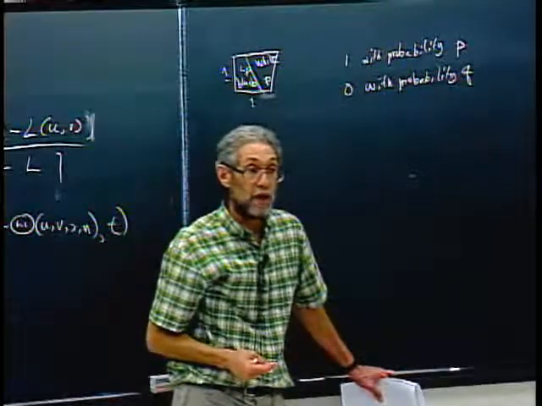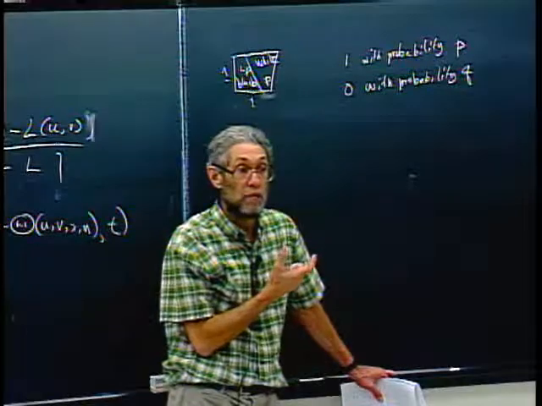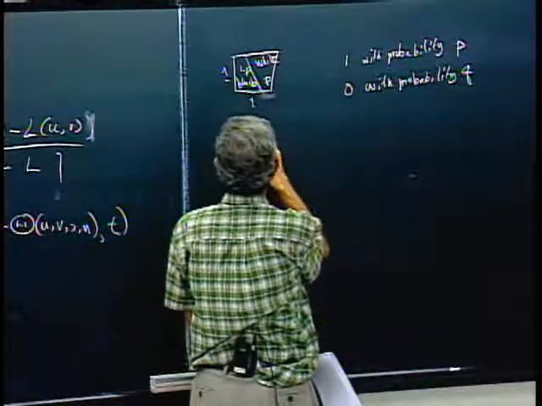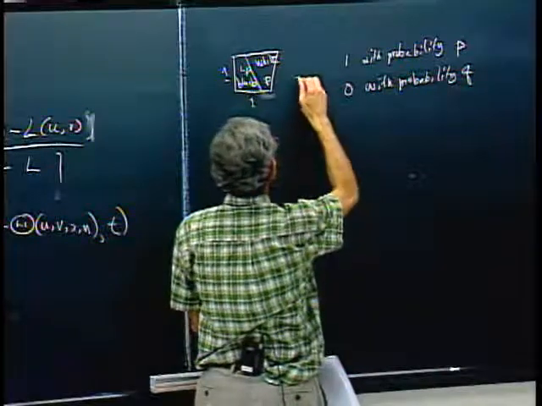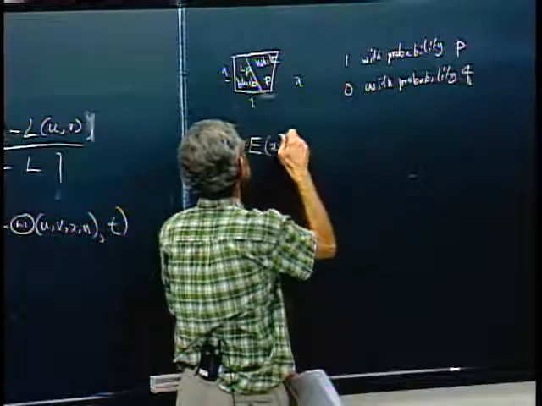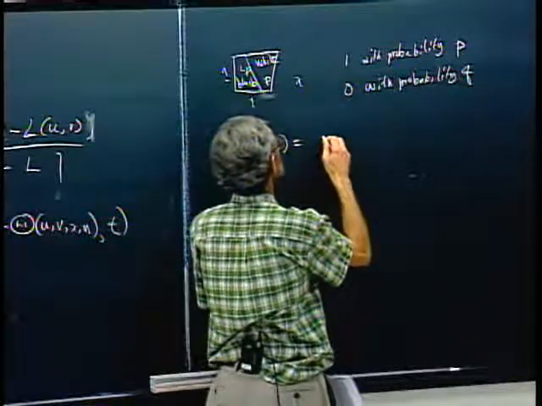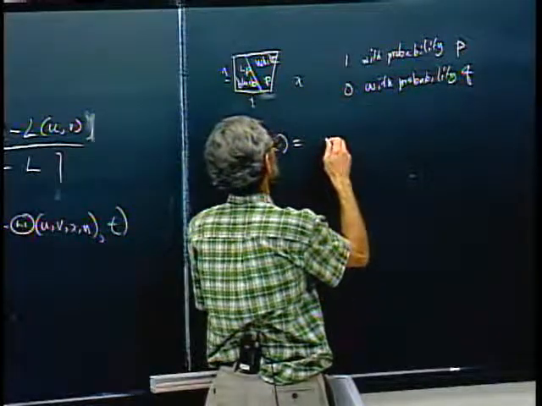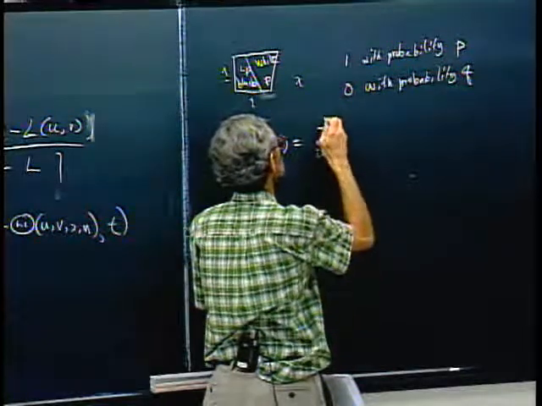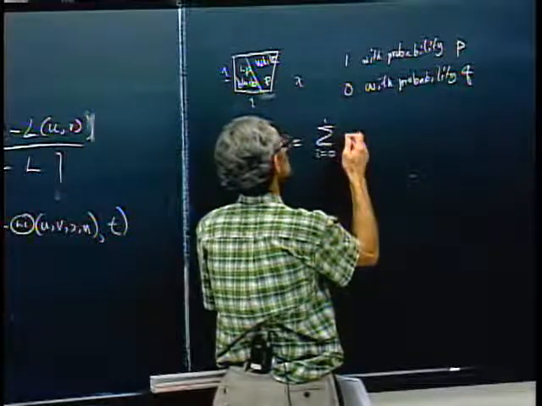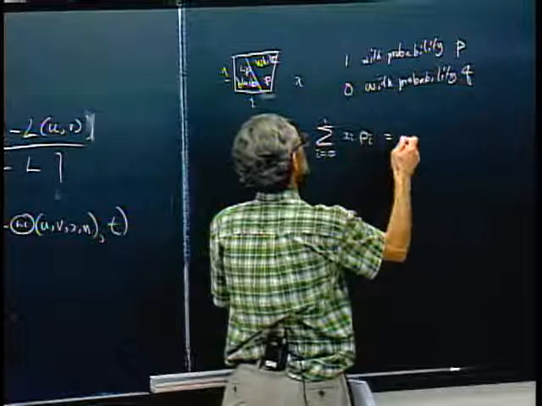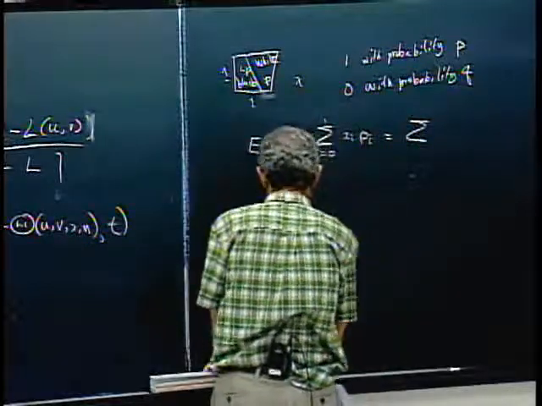So what's the variance? This is called a Bernoulli distribution. And the variance, well, first of all, the mean. So x is this random variable. The expectation of x is, there are only two possibilities. So it's the sum, say, i equals 0 to 1 of x_i p_i. Well, let me just write it out, right?